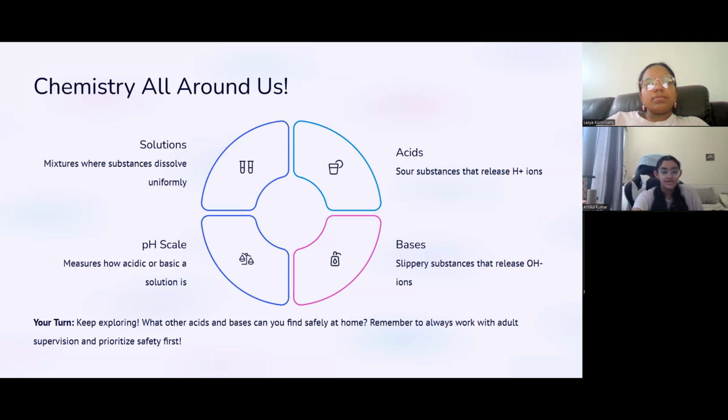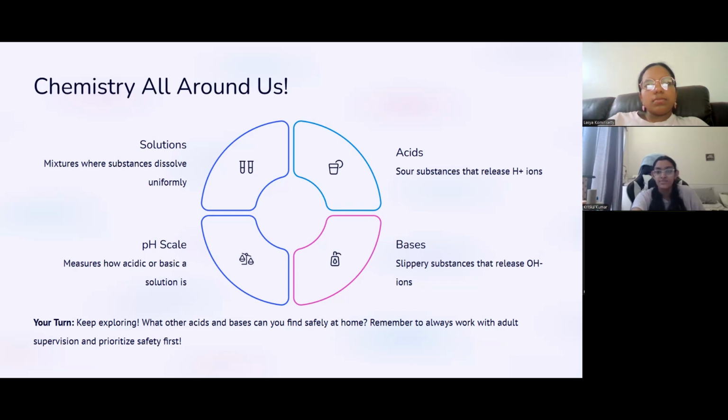Now let's talk about chemistry. Chemistry is all around us. So let's summarize everything we just learned. We learned about solutions, which are mixtures where substances dissolve uniformly. Then acids, which are sour substances that release H plus ions in water.